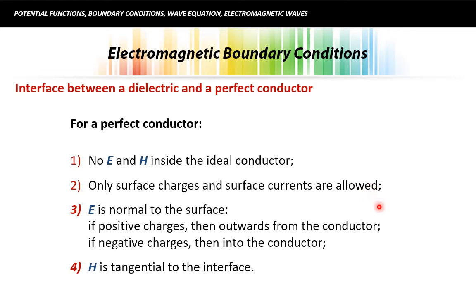Third, the electric field is normal to the surface. If positive charges, then outwards from the conductor. If we have negative charges, then into the conductor. And the final property is that H is tangential to the interface.